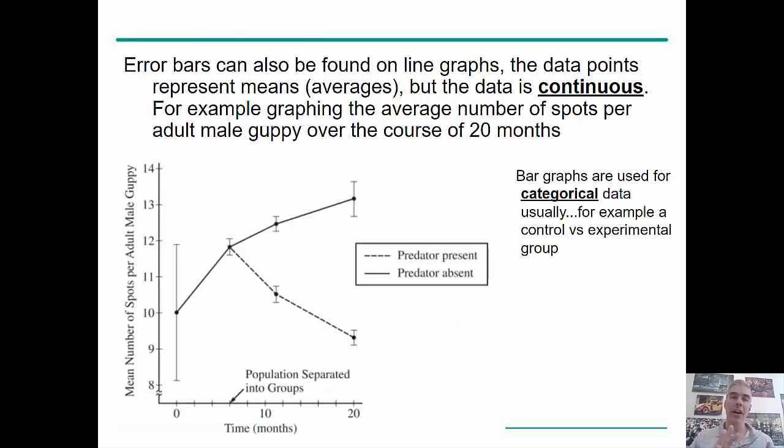So as I mentioned previously, error bars are not only found on bar graphs, we can also put them on line graphs as well. I'm going to go over graphing at the end of this video and the different types of graphs and when they're appropriate, but a line graph versus a bar graph is usually determined by the type of data you're collecting.